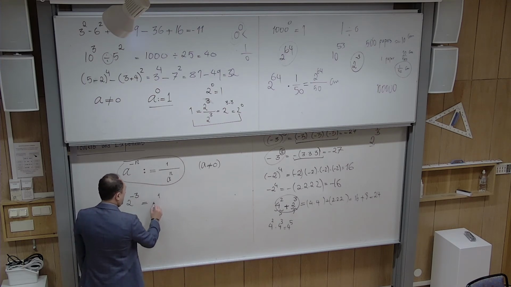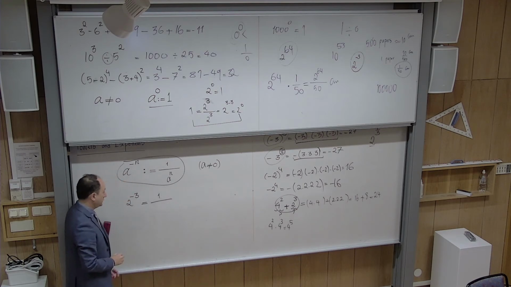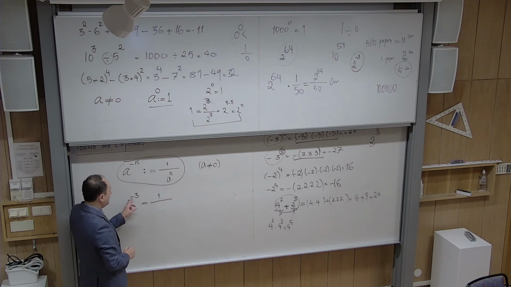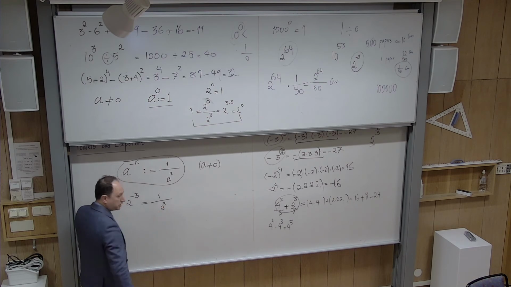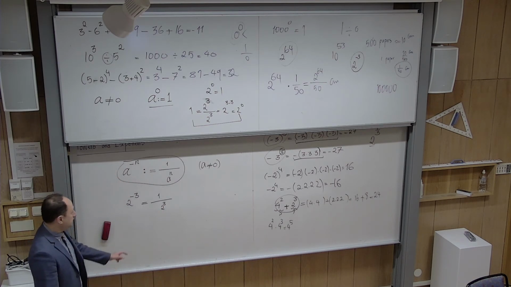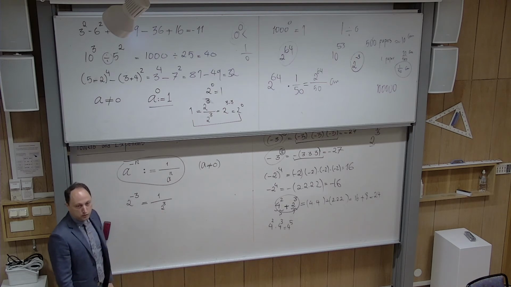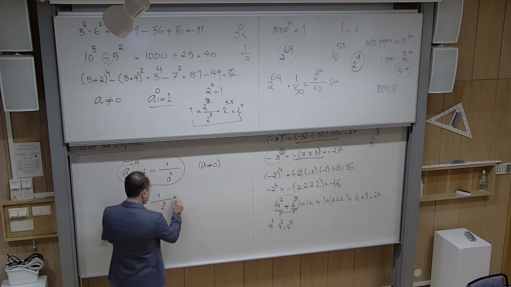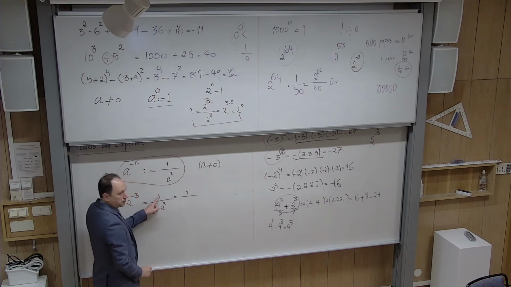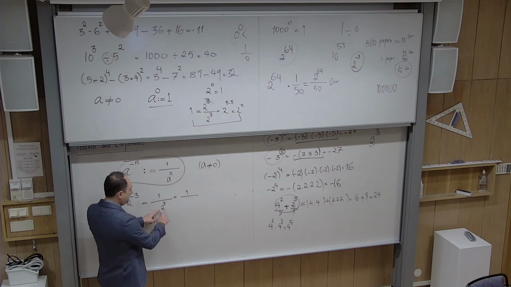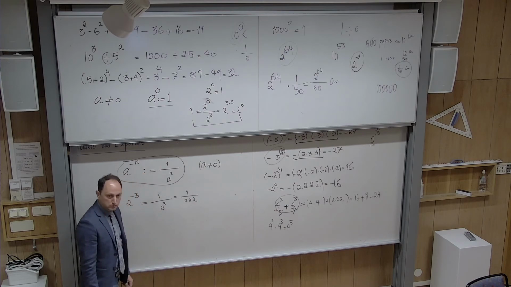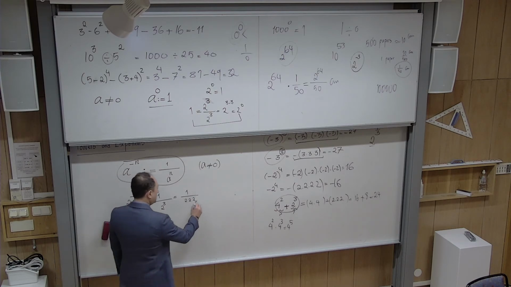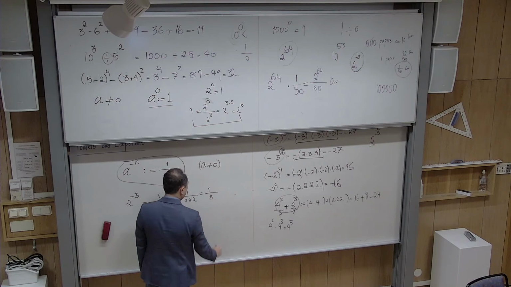So you write 1 on top over, instead of 2 to the power of negative 3, you write 2 to the power of positive 3. Then you already know the meaning of 2 to the power of 3: you copy and paste 1, and instead of 2 to the 3, it makes sense now, 2 times 2 times 2. And the answer becomes 1 over 8.